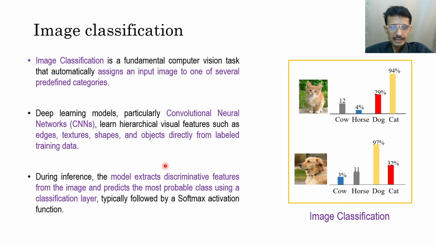Then, after extracting these discriminative features, it uses some sort of fully connected network as an inference or classification network to find the most probable class based on these features, and then uses a softmax to find these percentages. This, as a whole, is image classification, and normal deep learning handles this problem in this way.